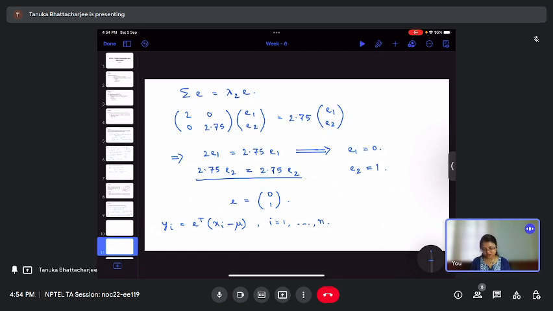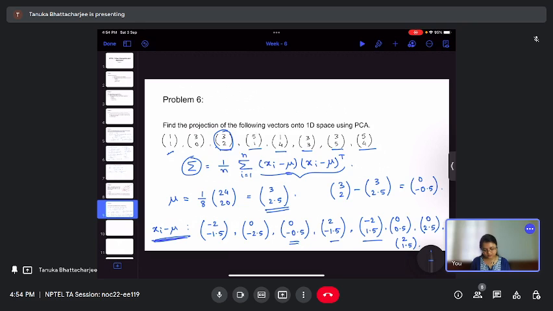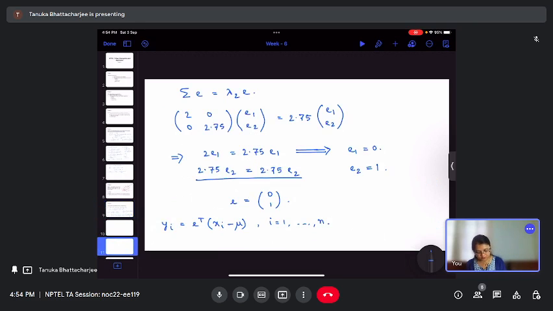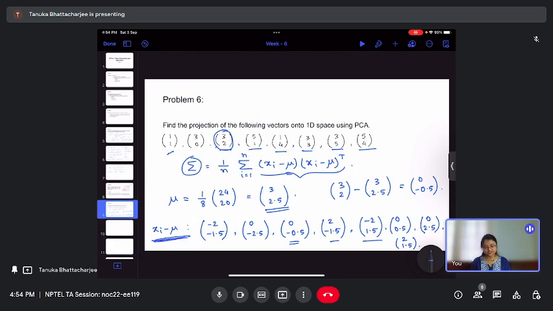So, the inner products that you will get will be minus 1.5 for the first data point, which was (minus 2, minus 1.5). You simply do the multiplication 0, 1 transpose times (minus 2, minus 1.5), so you will get minus 1.5.